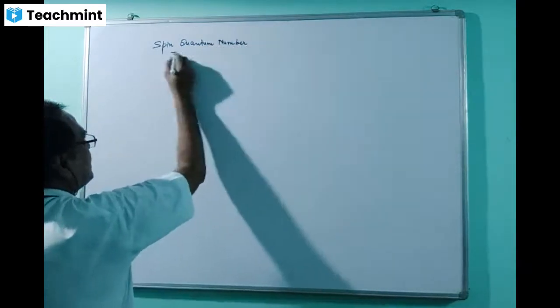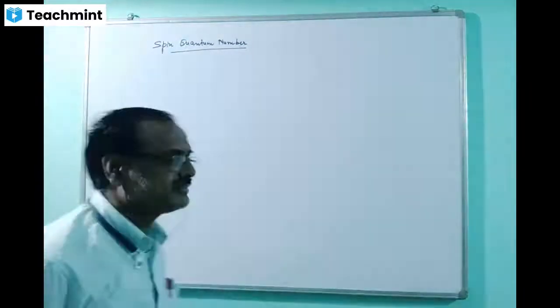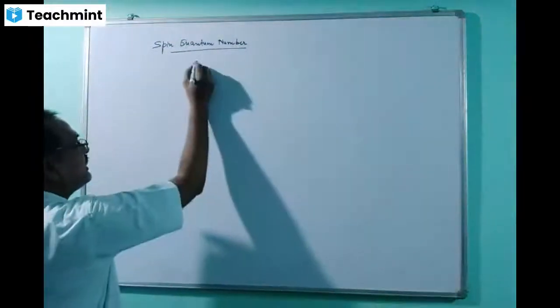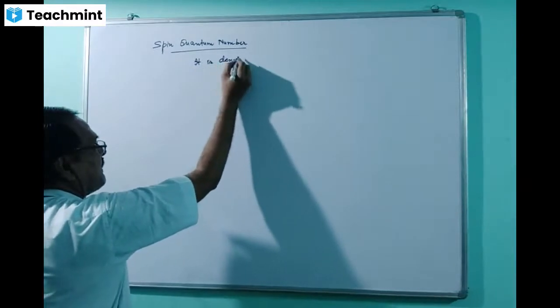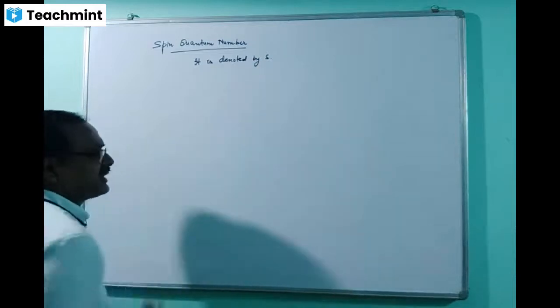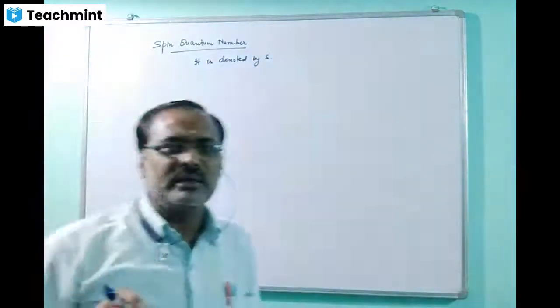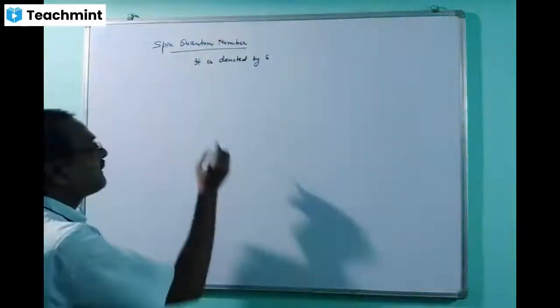Spin quantum number is denoted by s. Spin quantum number accounts for the spin motion of electron.